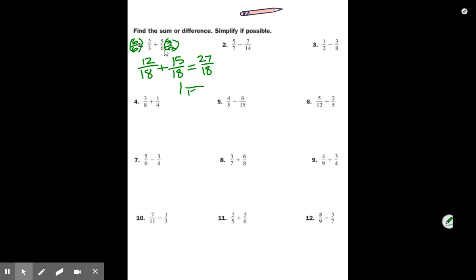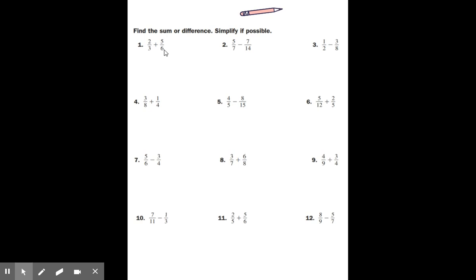And then how many leftovers would there be? What is 27 minus 18? 9, right? So that would be the same as 1 1/2. So literally, you could have done it using the easiest common denominator, and that would have been just fine. But if you use the least common denominator, you're saving yourself some time simplifying, and you will definitely over time save yourself having to multiply giant numbers together or even divide giant numbers.